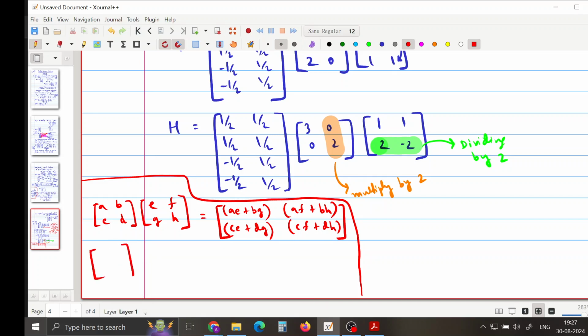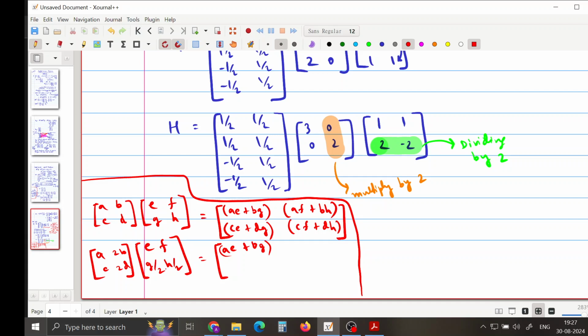Now what I am saying is I am dividing the second row of the second matrix by 2, and to adjust for that I am multiplying the second column of the first matrix by 2. What is the result that you get here? AE plus BG, right?